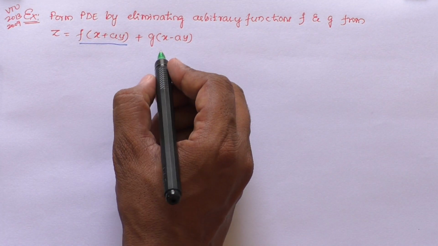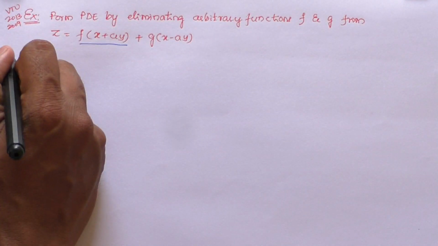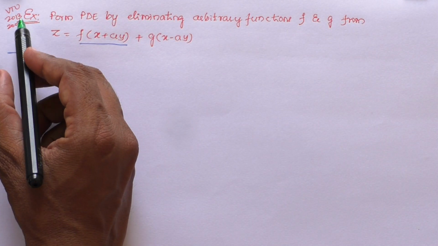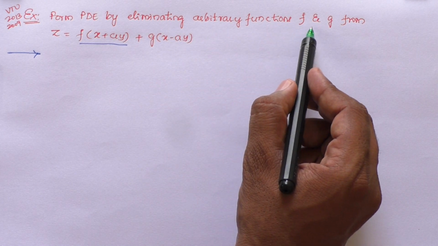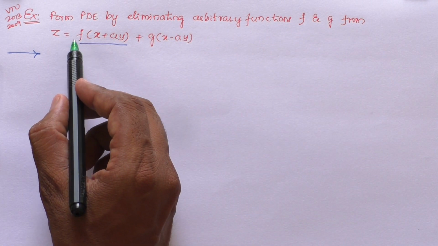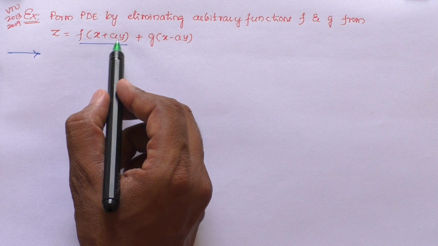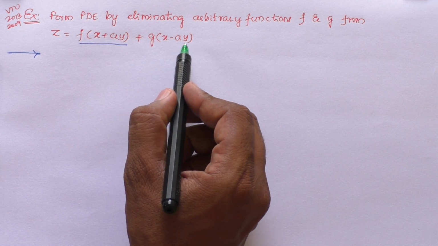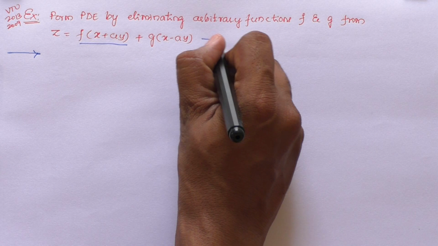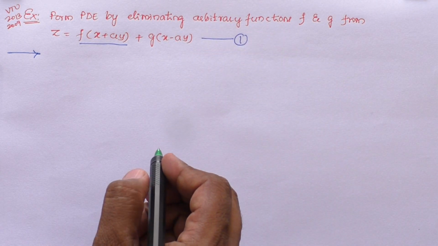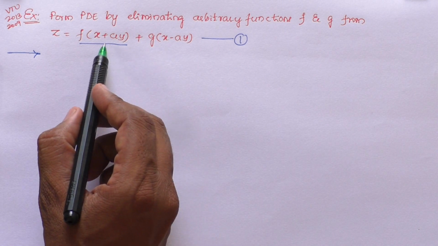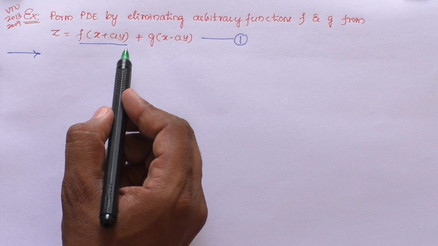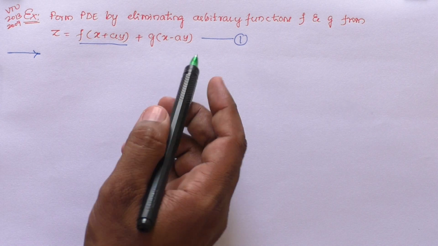Let us understand this through an example, which was given in the 2009 VTU exams. Form a PDE by eliminating arbitrary functions f and g from z equal to f of x plus ay plus g of x minus ay. Take the given equation as equation number 1. In the case of two arbitrary functions, you need to go for second order partial differentiation.